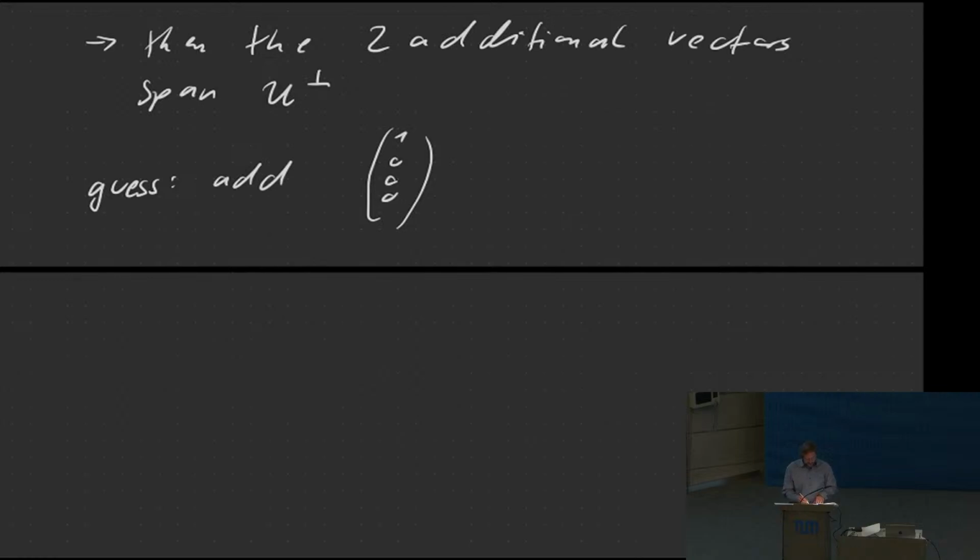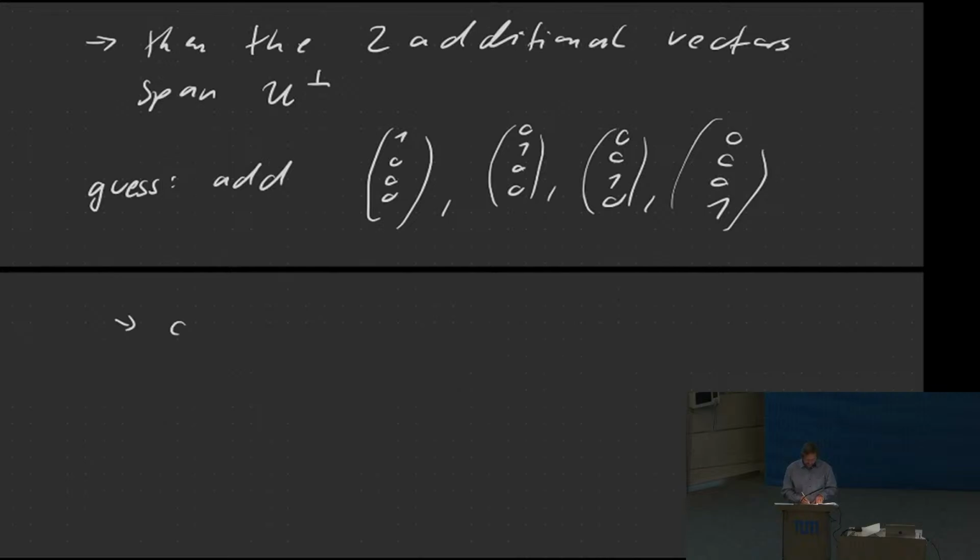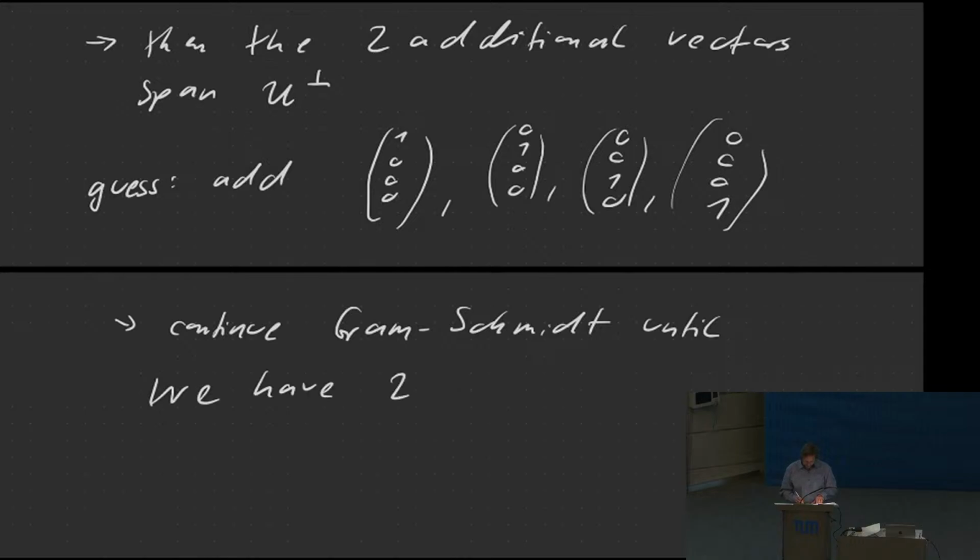So what I could do is I could just add all of those vectors, and then I can continue my Gram-Schmidt method until we have two additional non-zero vectors.